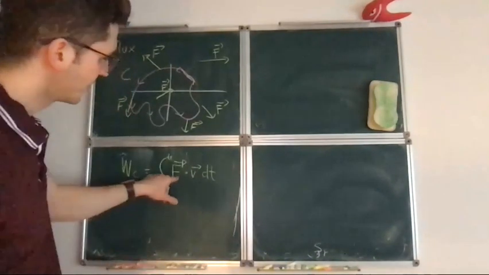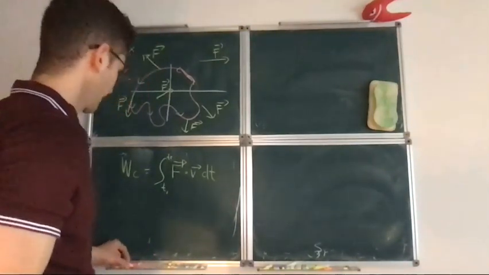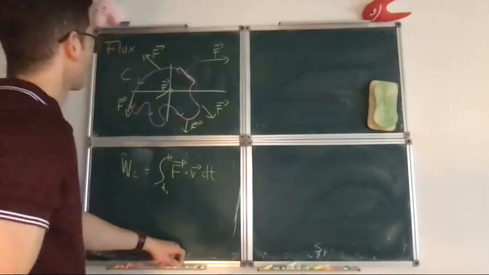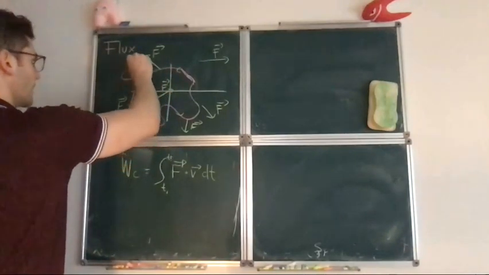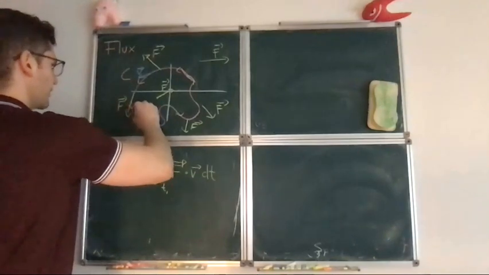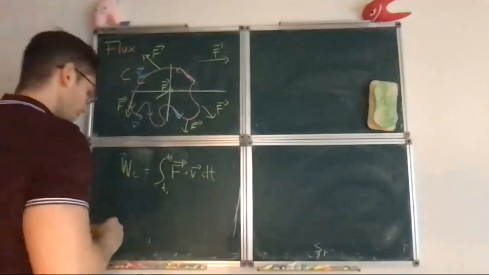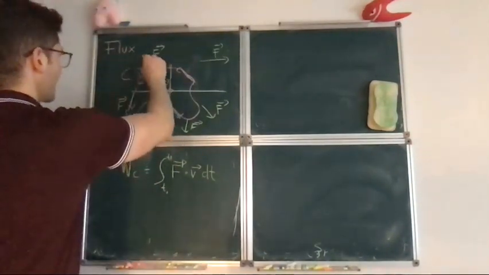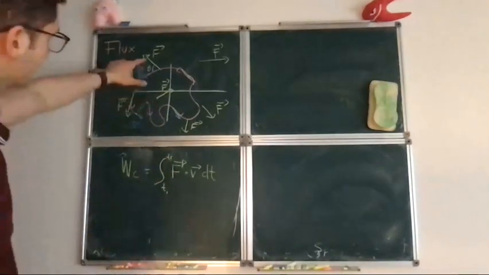Now, how can you think about this dot product? Here the velocity vector is tangent to the curve. So here you have the velocity vector. Here's another velocity vector. Here's another velocity vector. And so you see, when you do a dot product, this is the angle between the velocity and the force.